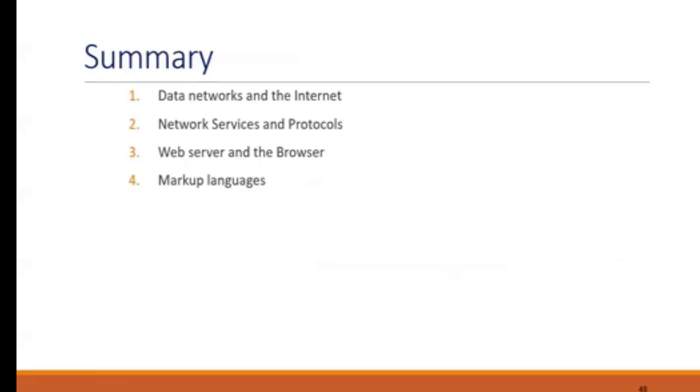So today, students, starting from data networks and the internet, we talked about what a network is, and then we moved on to computer networks and data networks. Then we talked about the internet and the different network types, and then different protocols and their examples. Then we moved on to web servers and different browsers. Finally, we talked about markup languages, XML and HTML.